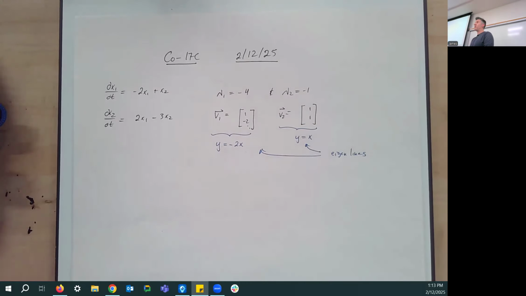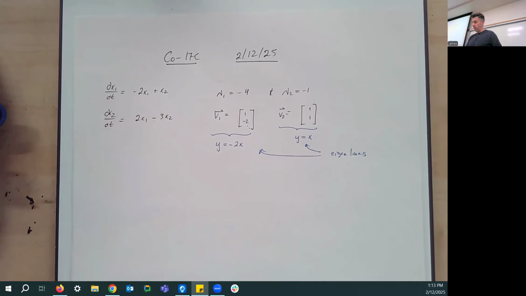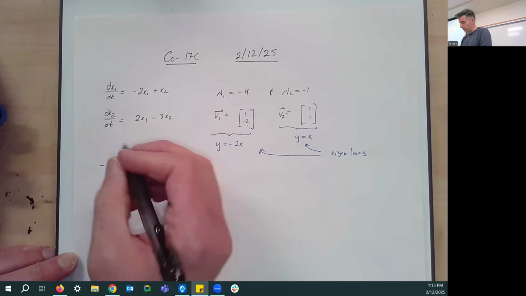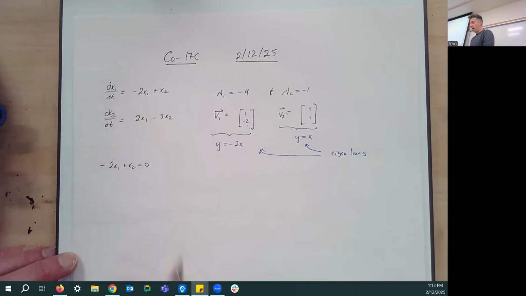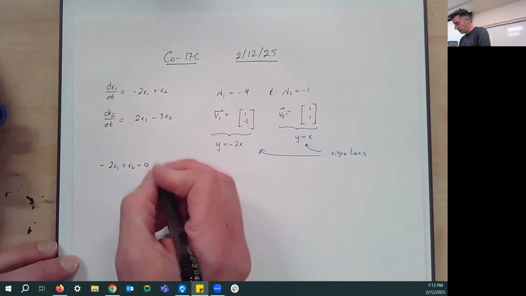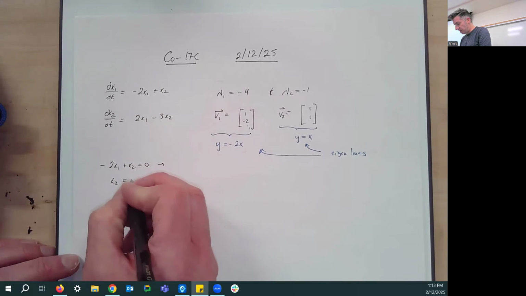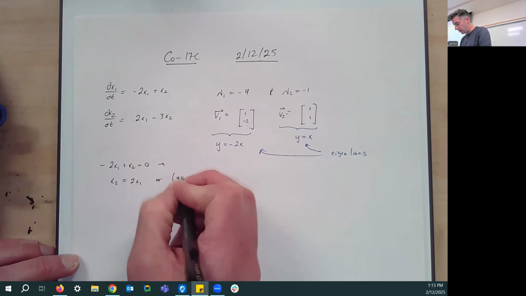And then we also have the nullclines, which you get by setting each of your differential equations equal to 0. So if we set this one equal to 0, -2x1 plus x2 equals 0. I'm going to isolate x2, which is like my y. So x2 equals positive 2x1, or in other words, y equals 2x.